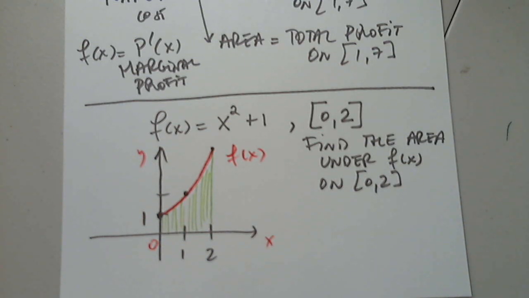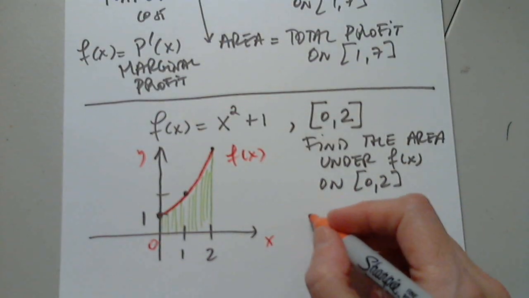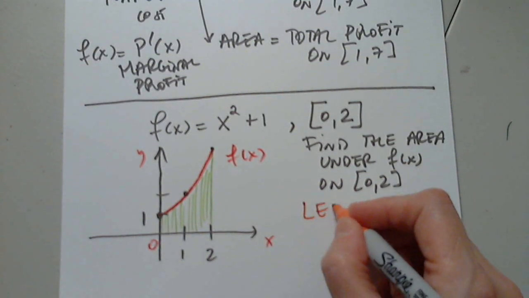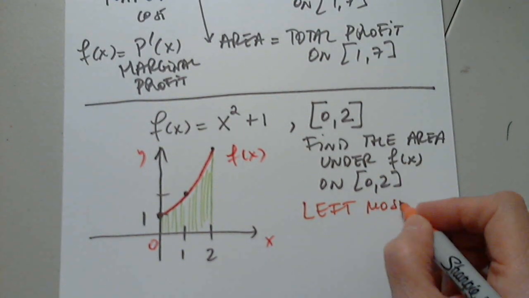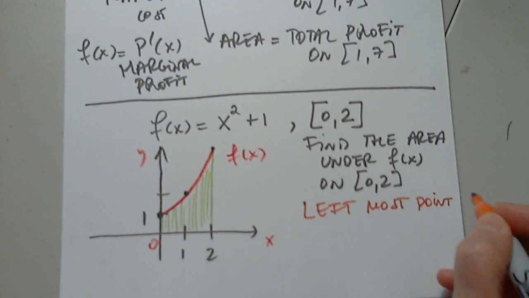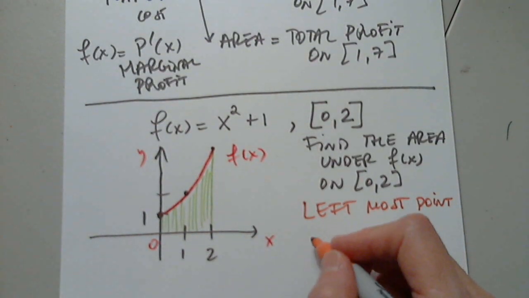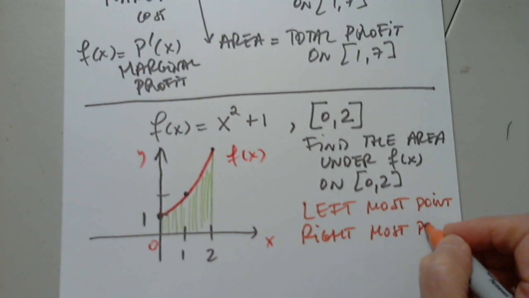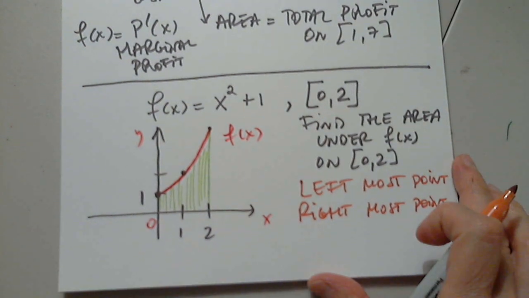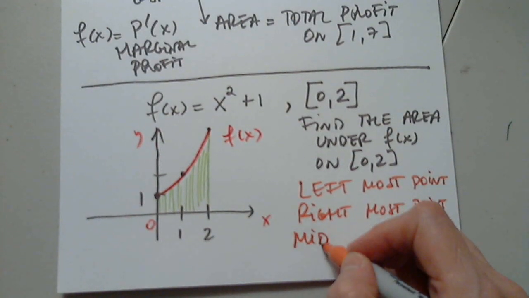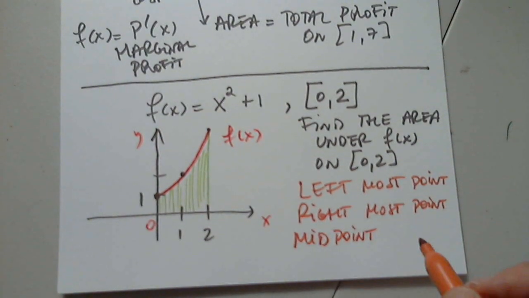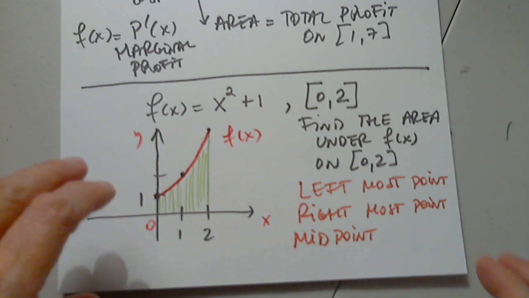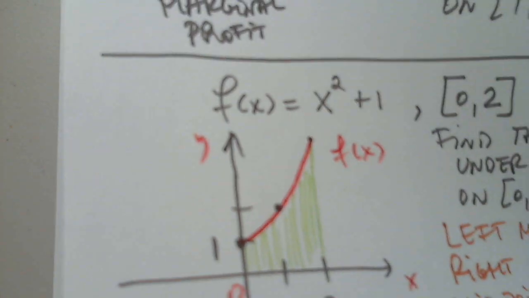But in this class, we're going to look at the method called leftmost point, the method called rightmost point, and the method called midpoint. And you can say, what's all this? What are you doing with this? Okay, in a moment, we'll get there.